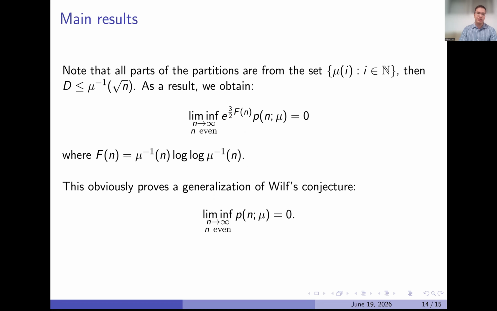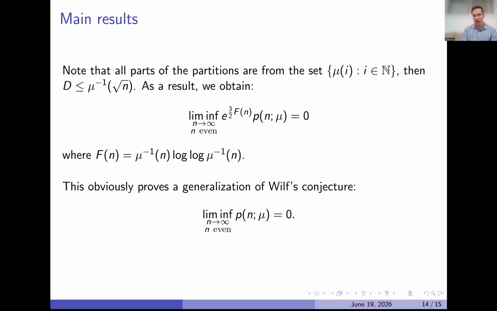Then we notice that since all the parts come from the image of the function mu, the Durfee square side length is bounded from above by the inverse function of mu evaluated at the square root of n. And so plugging this in the main theorem, we find the limit inferior identity. This essentially means that we found an upper bound for the probability using explicitly the number n and the function mu instead of the Durfee square.